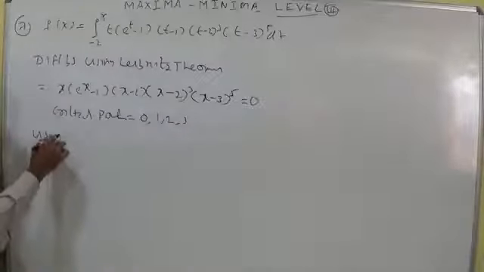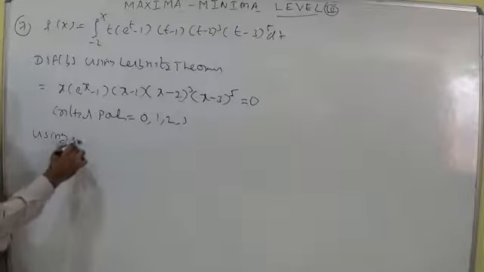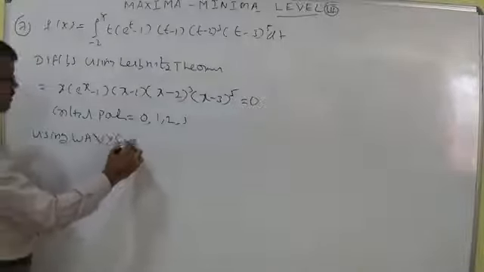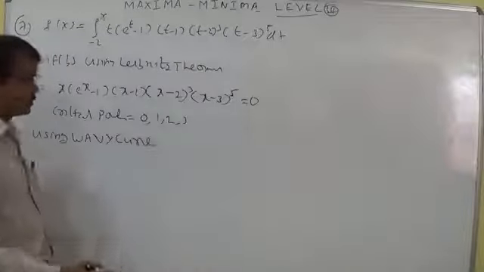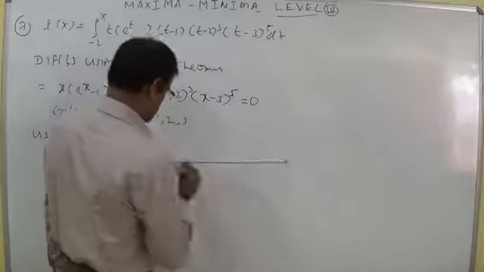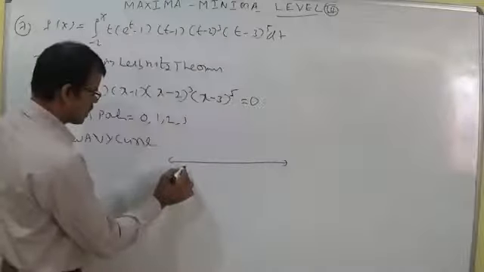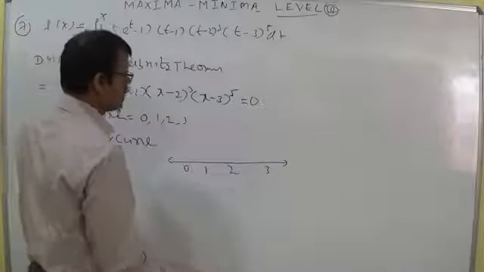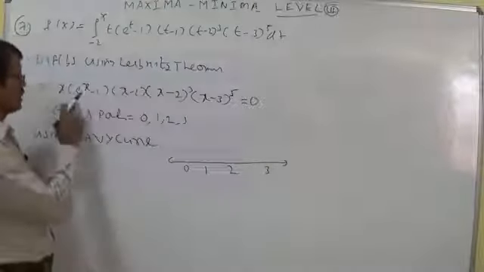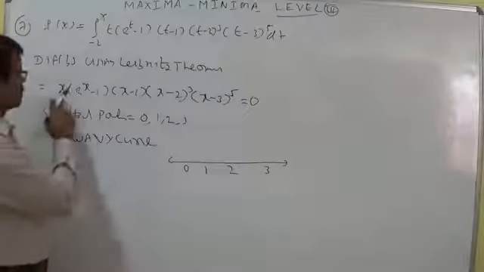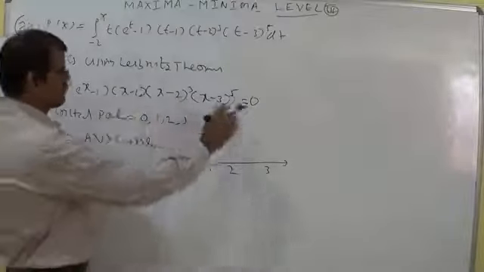Okay. Let us discuss the characteristic of the graph using wavy curve. Let us write the critical points here. This is 0, this is 1, this is 2, this is 3. Substitute a value more than 3, say 4. Because 4 is positive, of course everything is positive.